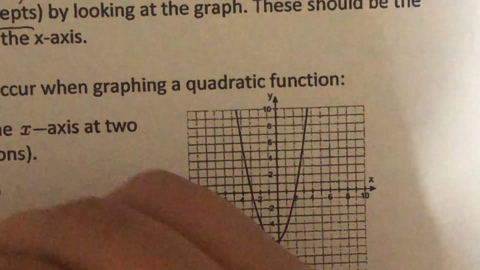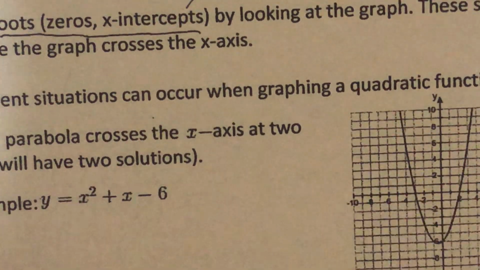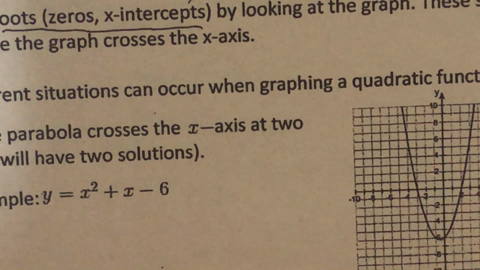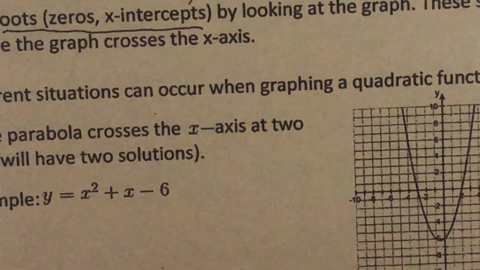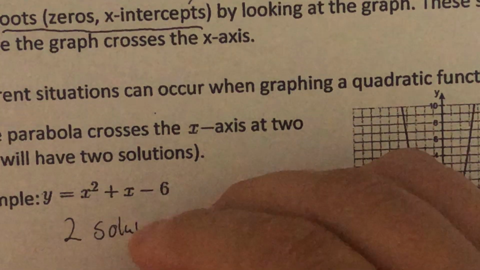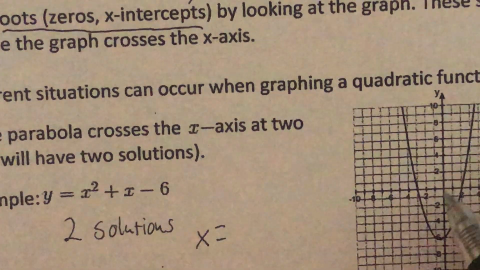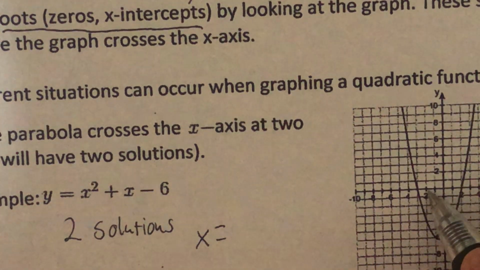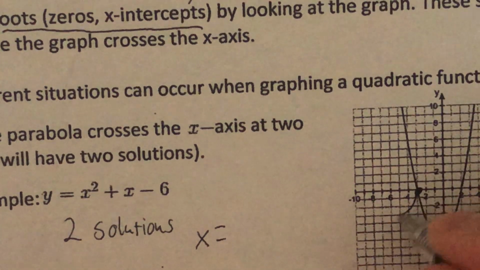All right, so this equation has two solutions. We graphed it for you. The original equation was y equals x squared plus x minus 6. It has two solutions. One of them is when x is equal to -3, because it crosses the axis at -3.